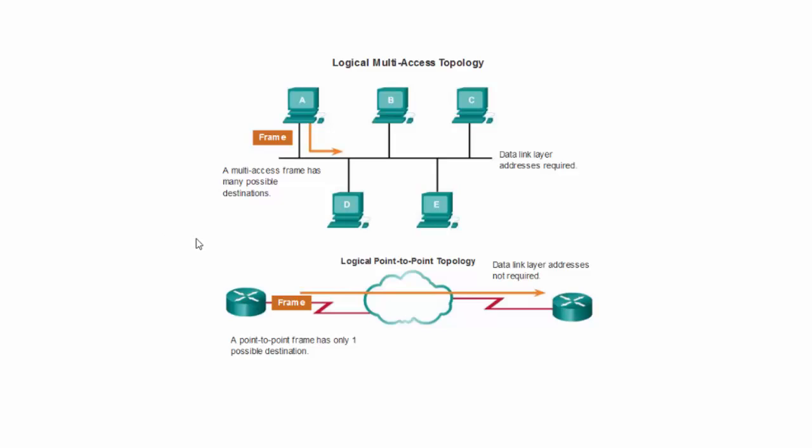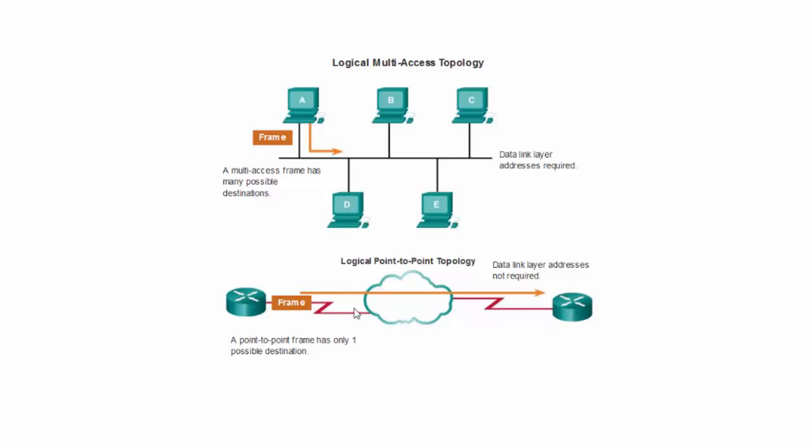The data link layer as well provides addressing. So if we want to send from A here to E, then we have to provide some kind of an address in the frame that identifies that this frame is destined to E. In which case we use the physical address or MAC address, as we talked about last time.